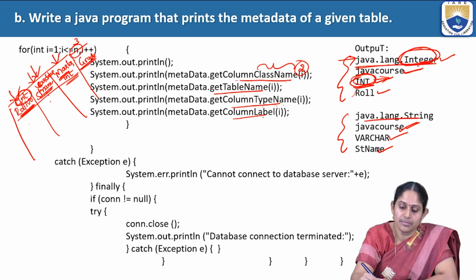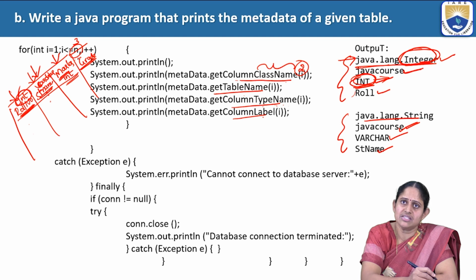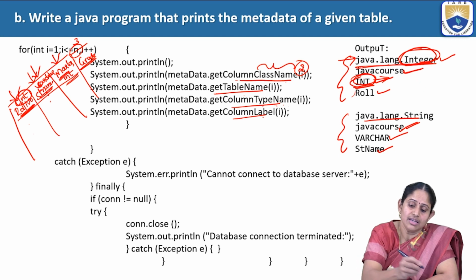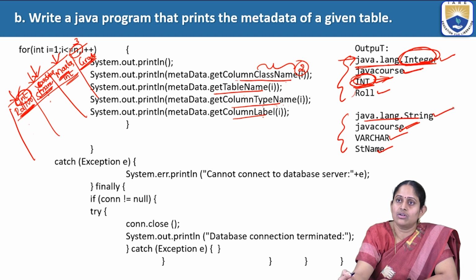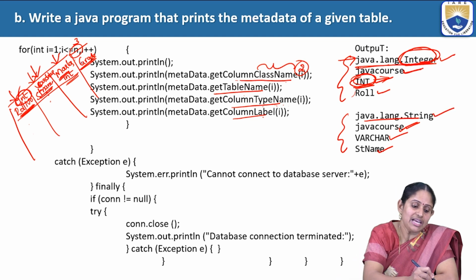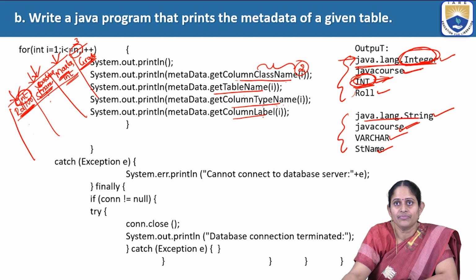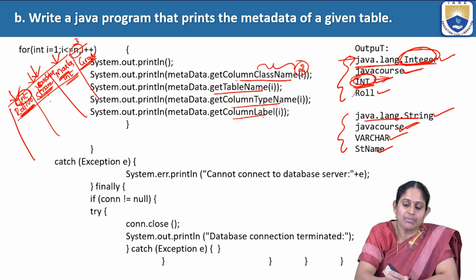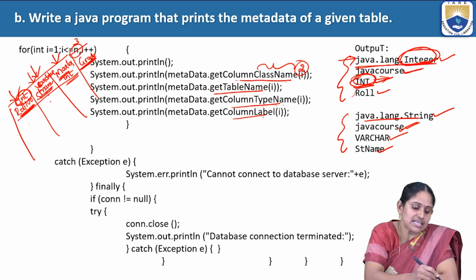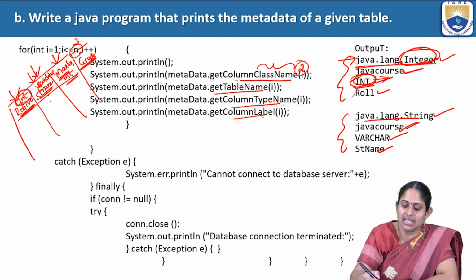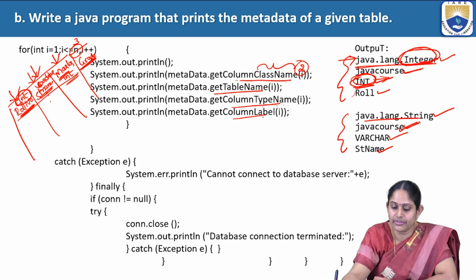And in the fourth iteration, it is for the grade. We get that grade is stored as varchar in the table. So the getColumnClassName will return java.lang.String as class name, since varchar will be stored as string in the result set. Then, since this grade is present inside the Java course table, it will return the table name of it.